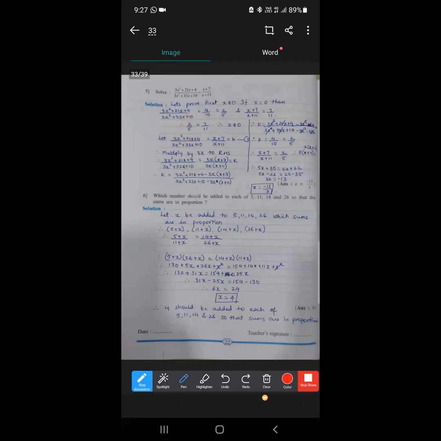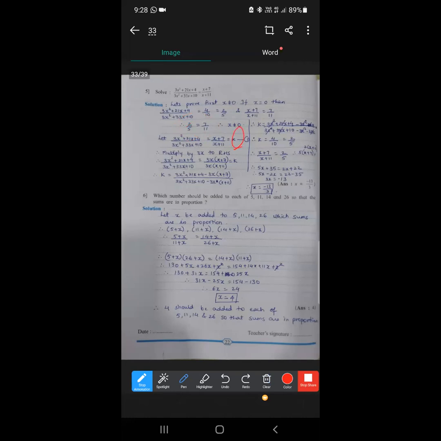Okay. So if x is not equal to 0, what will we do? We will take a common constant as k. So let 3x square plus 21x plus 4 upon 3x square plus 33x plus 10 is equal to x plus 7 upon x plus 11 is equal to k.